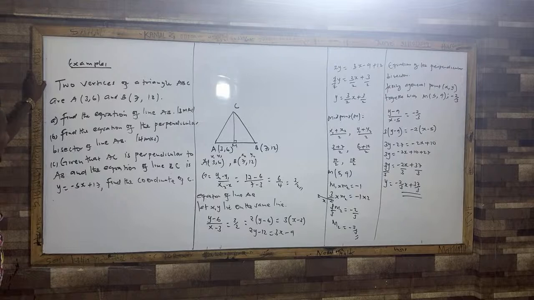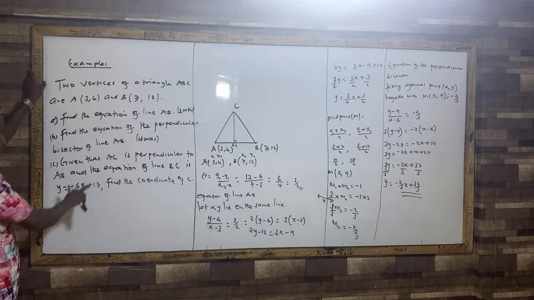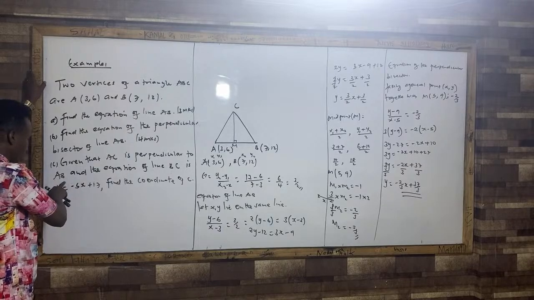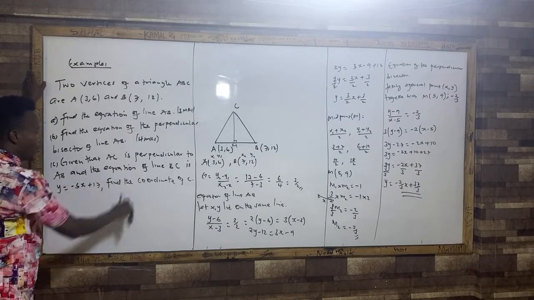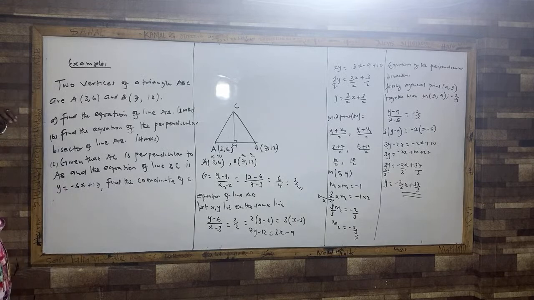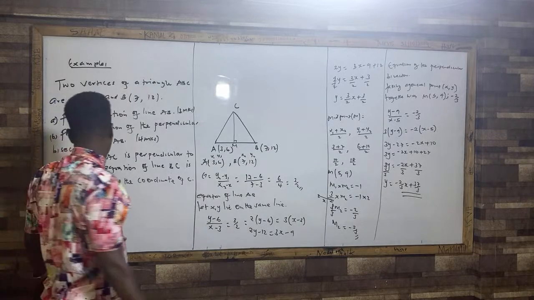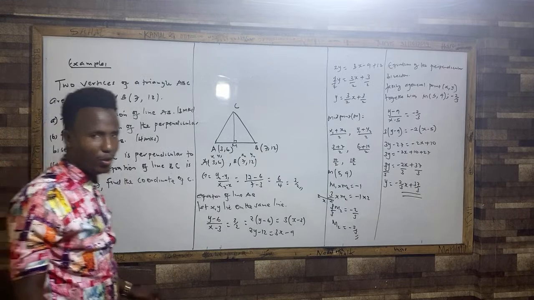Line BC is this one. So given that AC is perpendicular to AB, and the equation of line BC is negative 5x plus 7. I think now the question is clear.